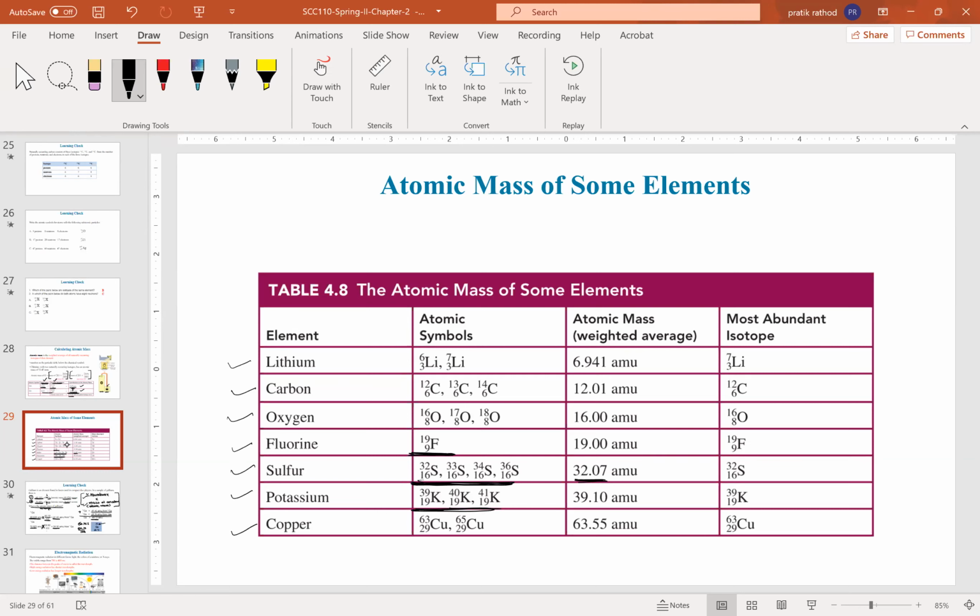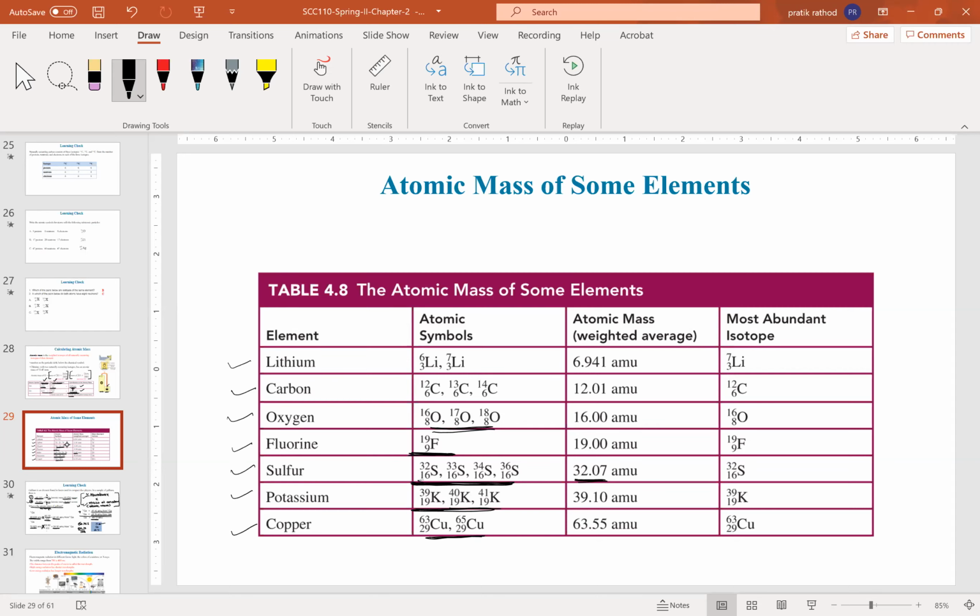The reason is because there are more isotopes. We have to do more calculations. We're going to add all those numbers. There are more chances that we can have a number after the decimal point. All right, so the potassium can have 3 isotopes. In this case, copper can have 2, oxygen can have 3. But you do not need to remember how many different isotopes these different elements have.